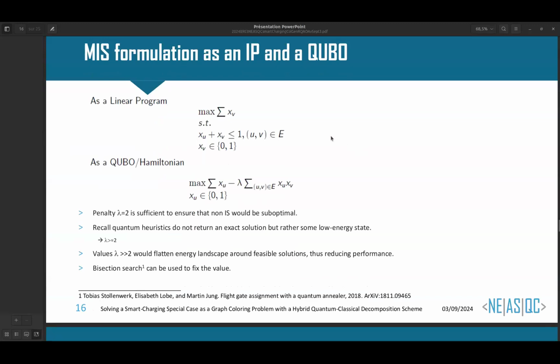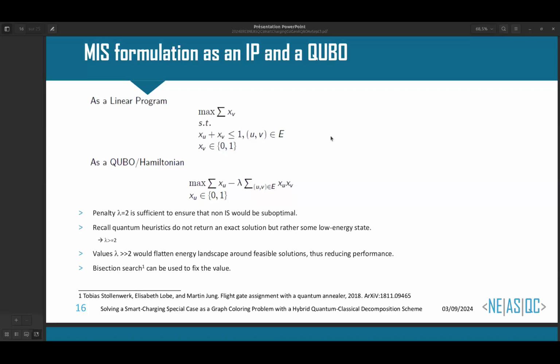So for the maximum independent set problem, we go from the linear program, which in its naive form is really easy to understand, especially because we want to maximize the number of vertices in the independent set, provided no two vertices belonging to the same edge would be in the independent set. So that's the first problem, really easy to understand.